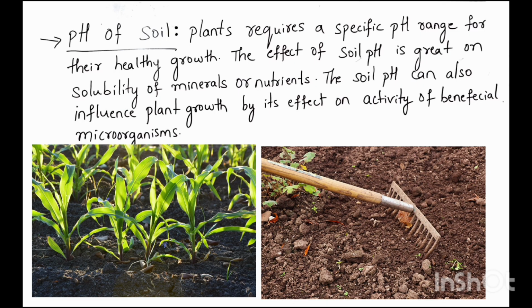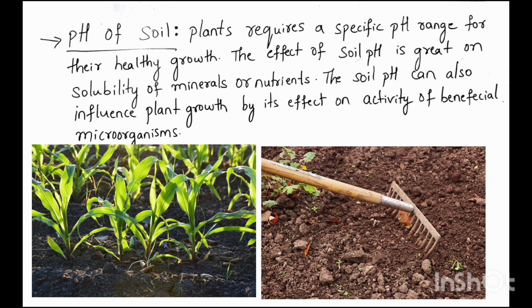When it comes to agriculture, it is very important to maintain the pH of soil for healthy growth of the plants, as the pH of soil also affects the solubility of various minerals or nutrients. Different crops require different pH range for their healthy growth. So, we need to test the pH of the soil by collecting a sample of soil and sending it to a laboratory.